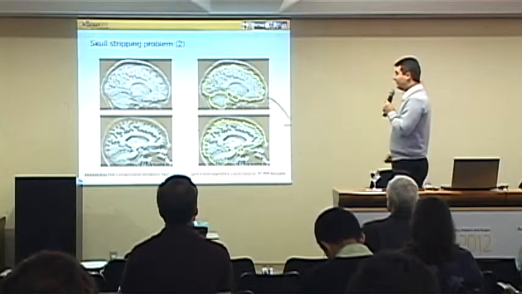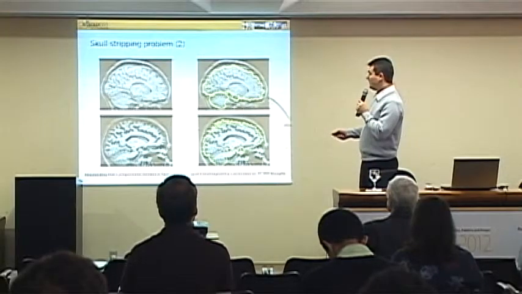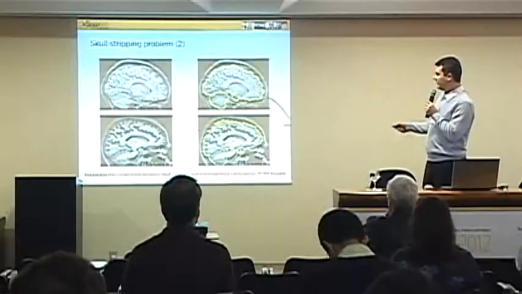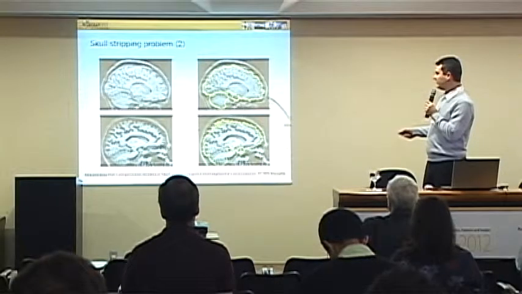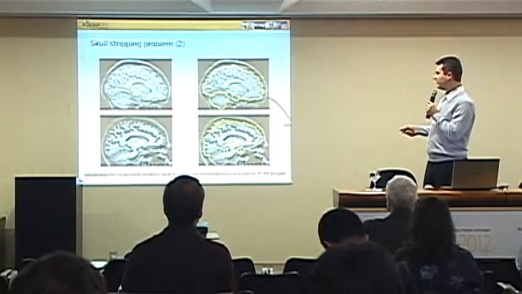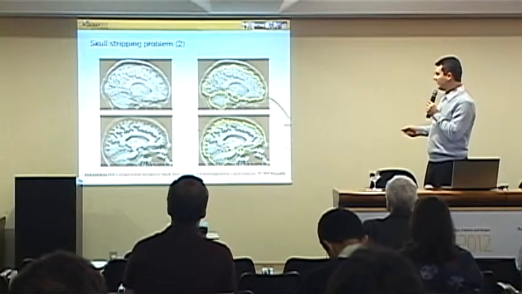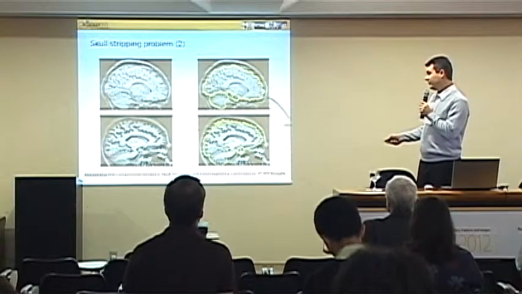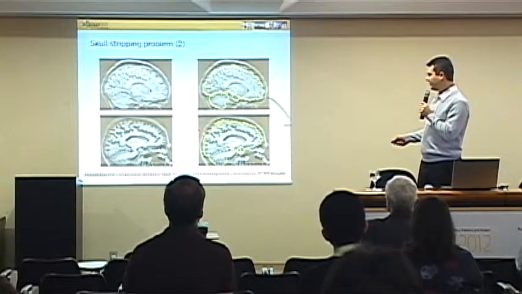As you can see, in 2 Tesla images, when we do skull stripping with a well-known segmentation method, we have this result here. It's a good stripping, with minor errors in the borders. But when we try to strip the 3 Tesla image, we have much more trouble.